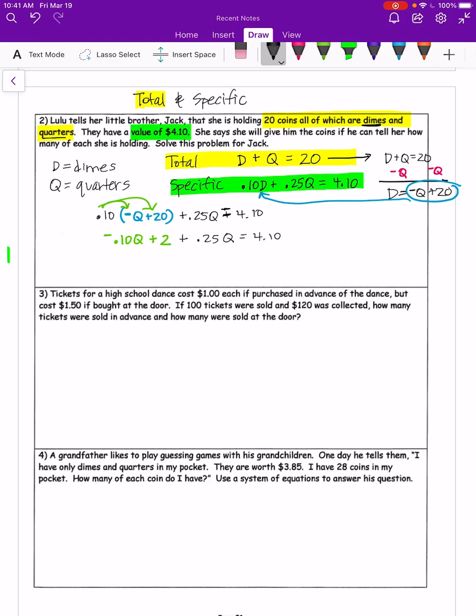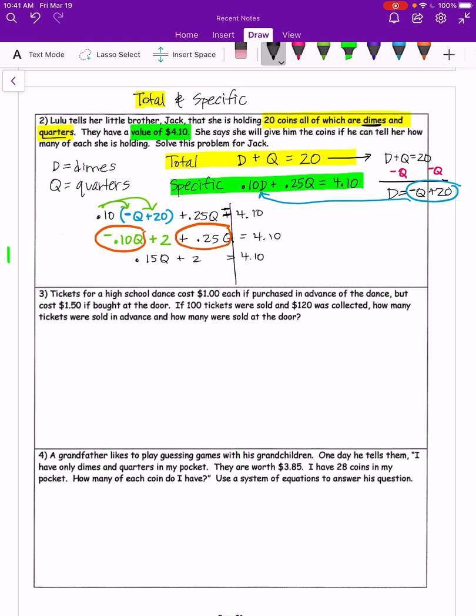Now I'm going to combine some like terms. So I'm going to put this Q and this Q together. Let me draw my line down the center so I know I'm working on one side and the other. So negative 10 plus 25 would be 0.15Q. And then plus 2 equals 410.